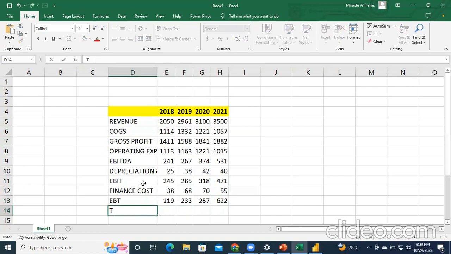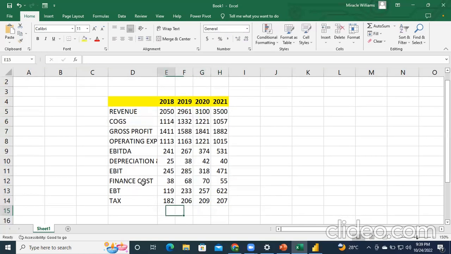Then we now have our tax, after our earnings before tax, which was given as 182.31, and 206.21, and for 2020, 209.13, and for 2021, 207.13, which is also very important.